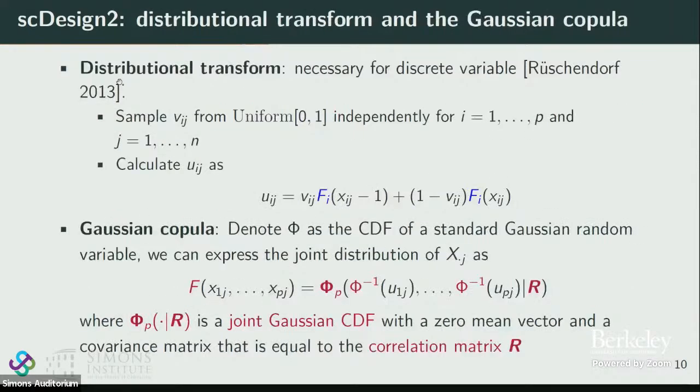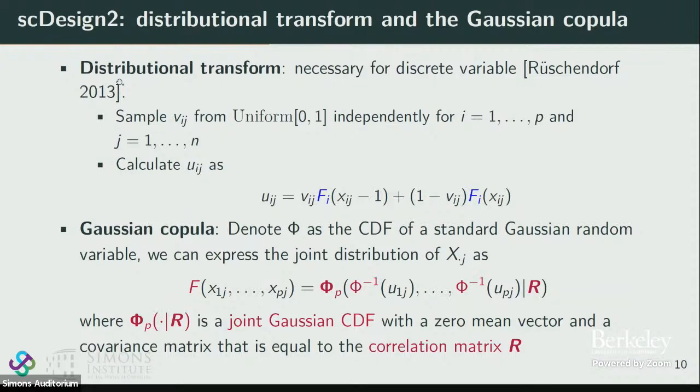So we try to address this issue by using the distributional transform, which essentially converts each discrete distribution into a continuous distribution by uniformly distributing the point mass between 2 consecutive discrete values into their interval. To obtain this continuous distribution F1 to Fp, we apply this transformation.